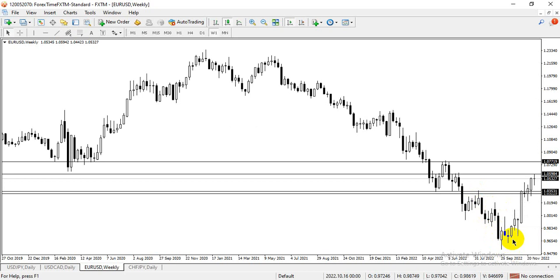Then from here, the market took it up, broke this high, broke this level, went up again, broke this second level. When the market broke those two levels, it gives us an indication that it has likely changed trend. And the market has now moved to another level. If you can see, this is a level.